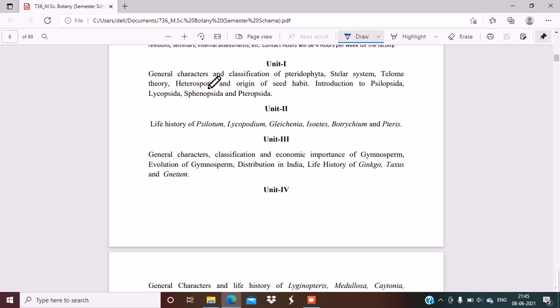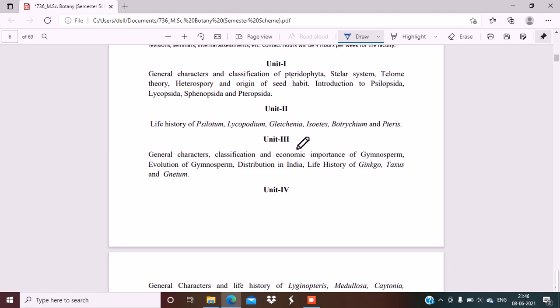For this Pteridophyta unit, you will refer to the book Pteridophyta by Vashishta and Sinha. This is again by S. Chand publication. Now the second unit: Life History of Rhynia, Lycopodium, Selaginella, Isoetes, Botrychium and Pteris. This also you will get in that book, Pteridophyta.